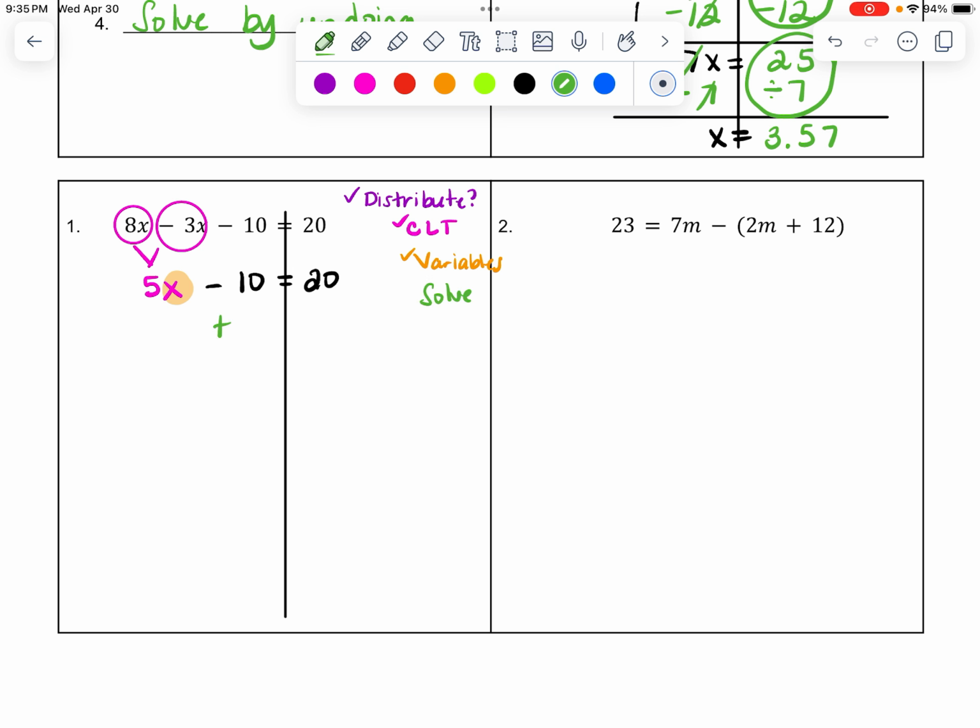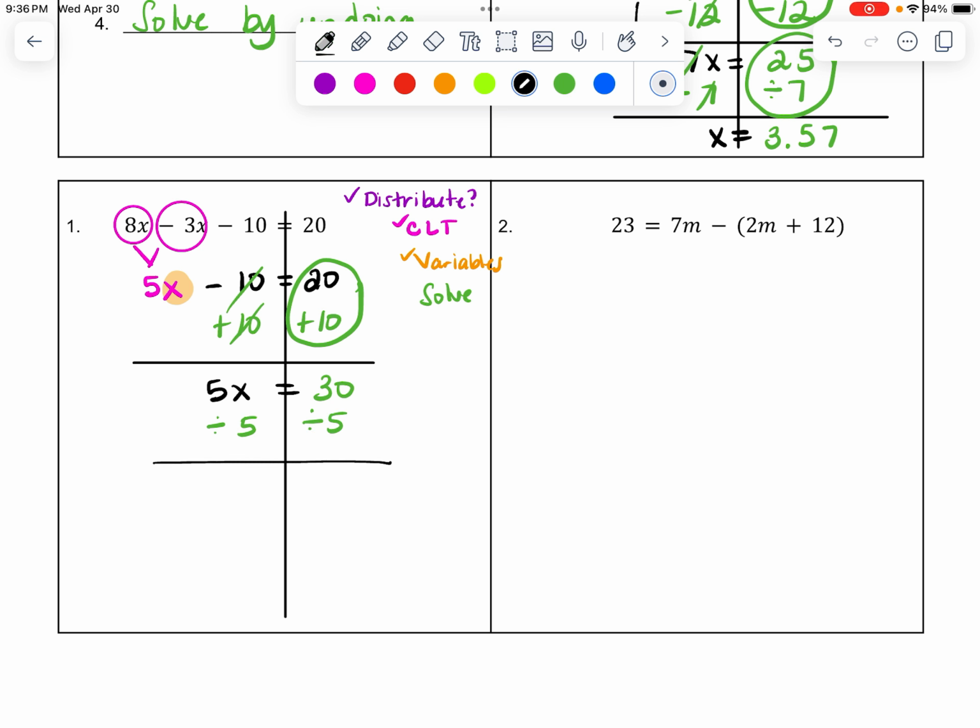So in this case, we would add 10 on both sides, and we would get 5x equals 20 plus 10, which is 30, and then we would divide by 5. And we get x equals 30 divided by 5 is 6. And we're done.